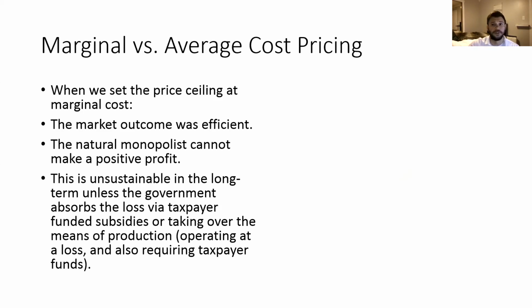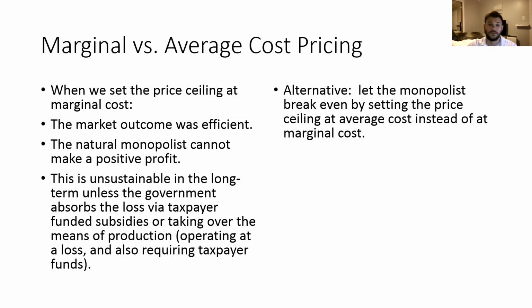One alternative to this kind of harsh regulation, all the way down to marginal cost, is to say, instead of regulating the firm at marginal cost, what if we just let the monopolist break even? Why not set a price ceiling at average cost instead of at marginal cost?